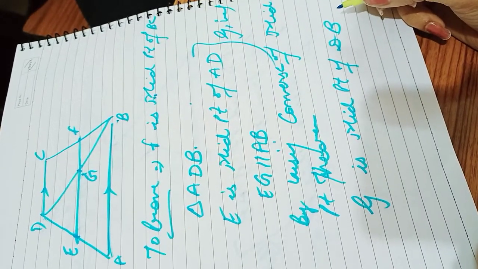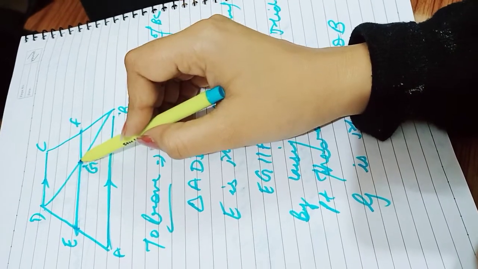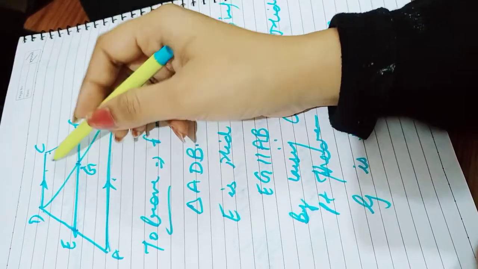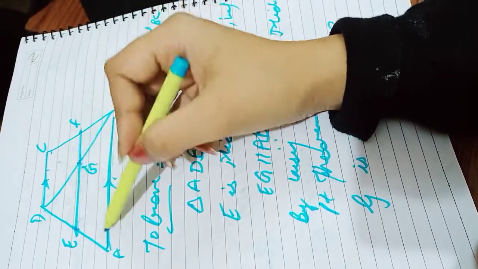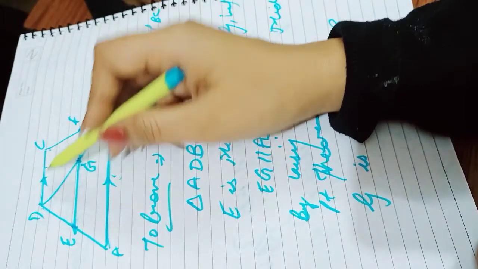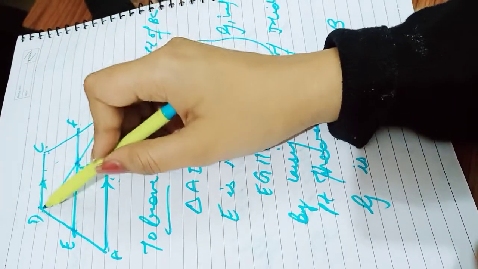If G is the midpoint of DB, what can you say? This line would be parallel to this also, because both are parallel, no? Right? DC is parallel to AB and GF is parallel to AB, so therefore GF would be parallel to DC also.